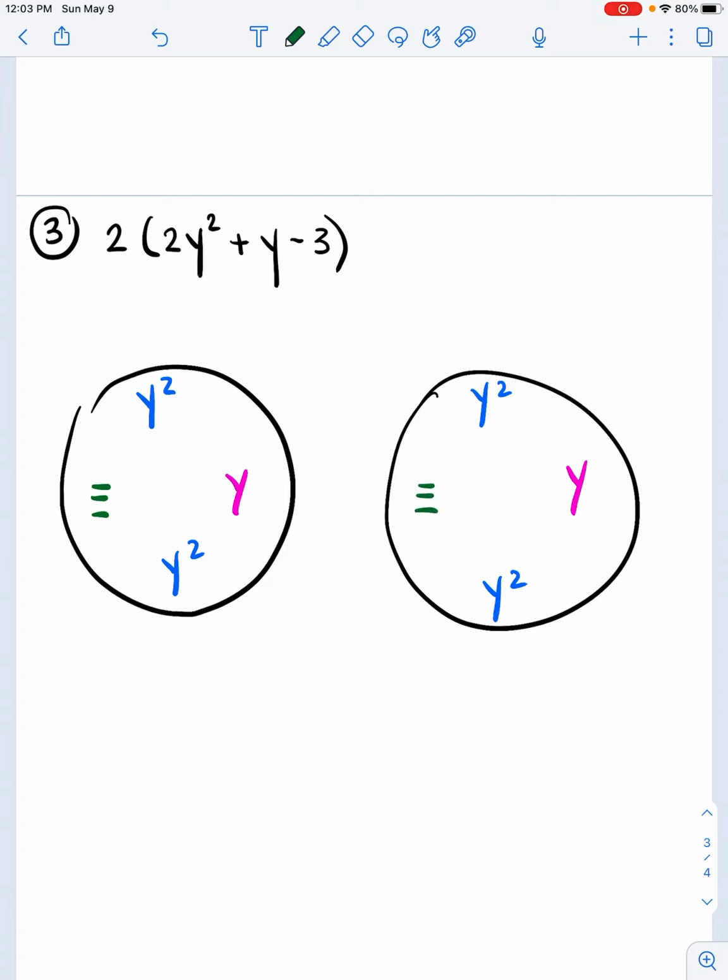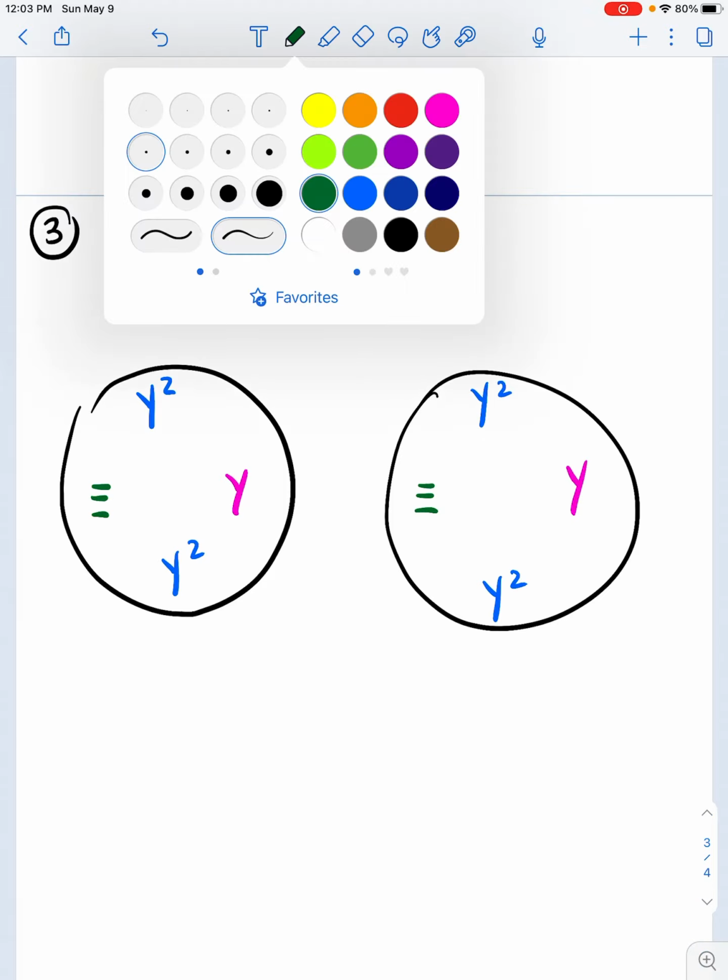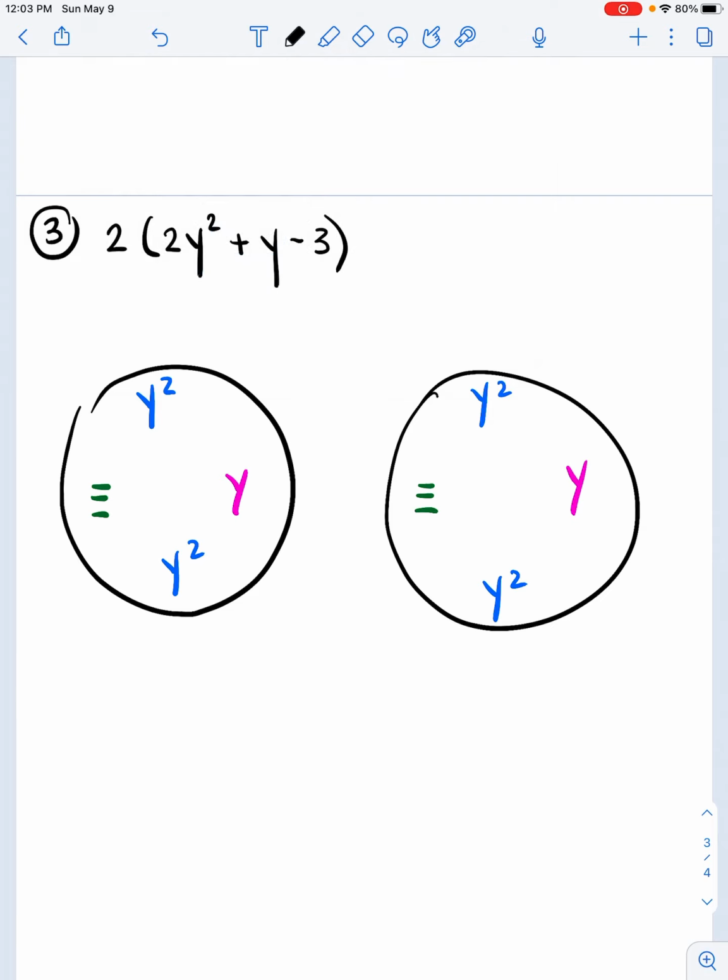All right, well, let's take a look and let's do our thing here. And when we write an expression, we always write the terms in order of decreasing powers or exponents. So we're going to count up the y squareds first. And so we have 1, 2, 3, 4y squared.